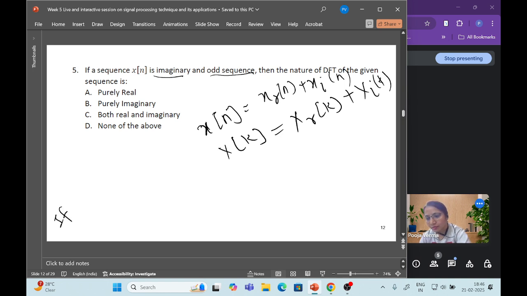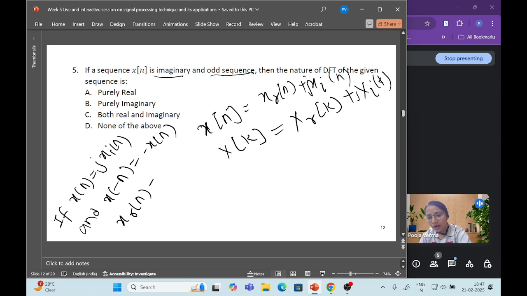Let's say x of n is equal to j x i of n, which means it is imaginary. First we consider the sequence being imaginary and odd. Odd means x of minus n must be equal to minus x of n, right? That means the real part x r of n will be 0, because they are asking for an imaginary and odd sequence.